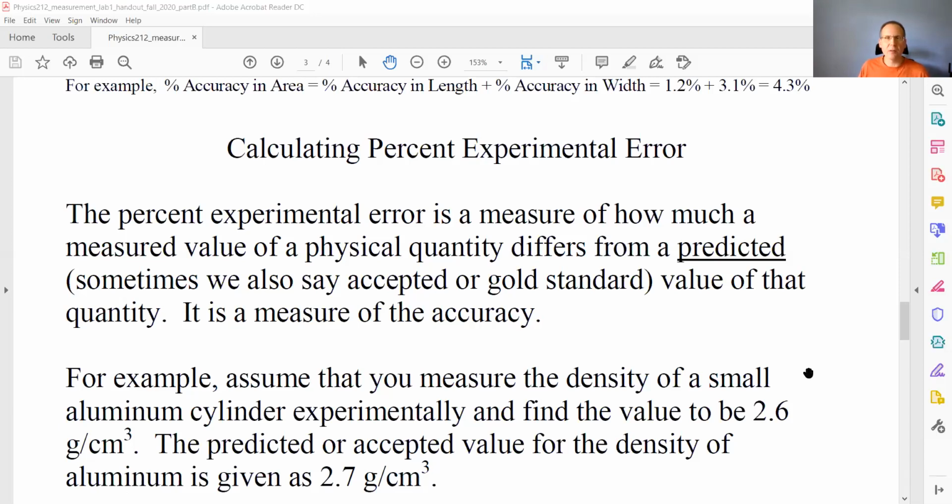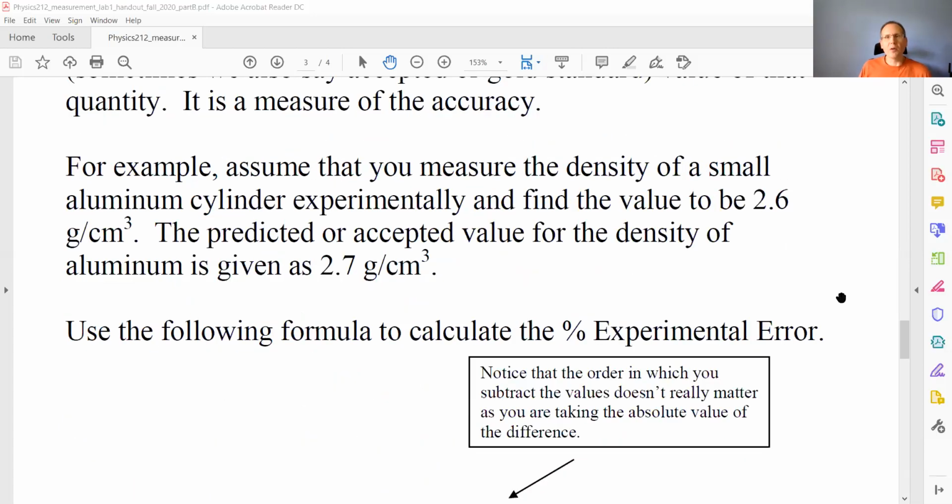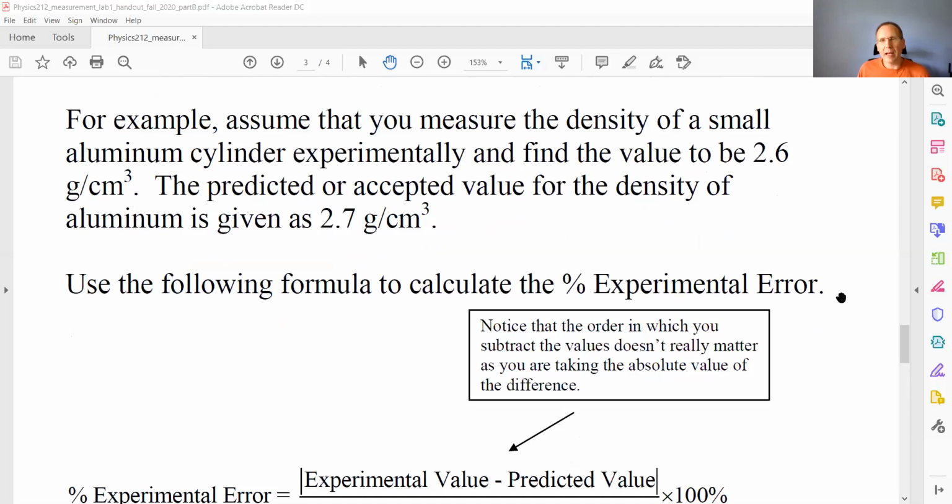I kind of use those three words interchangeably: predicted, accepted, gold standard, sometimes theoretical. So you're comparing your experimental to what you think the true value is. And remember, again, it's confusing because this is now a measure of accuracy, right? When you compute percent experimental error, it's really the measure of accuracy when you're comparing your experimental value to a gold standard.